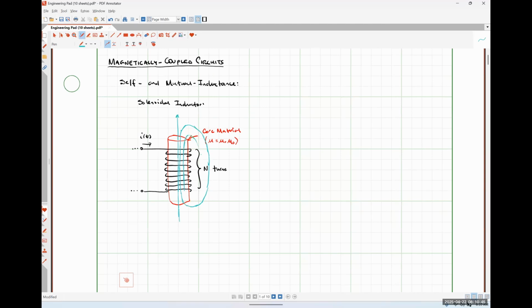And the further away we get from the exact center of that core material, the weaker our field is going to be. Okay. So these bluish lines right here are representing the magnetic field lines that are our energy storage.